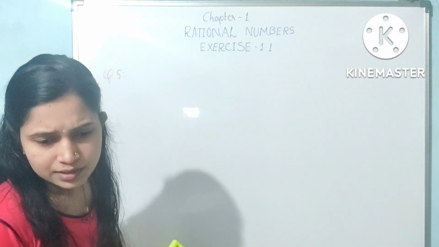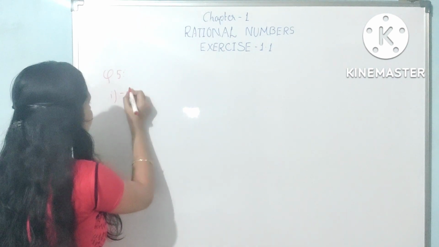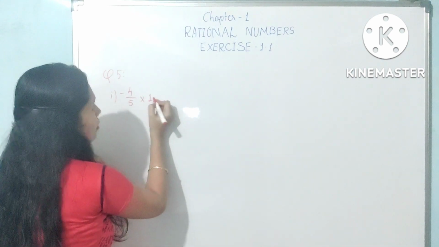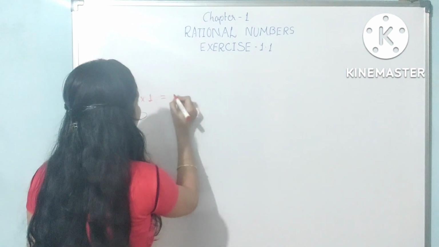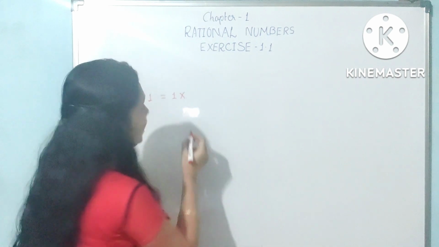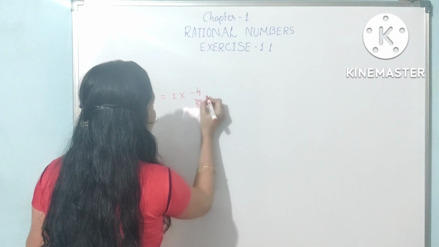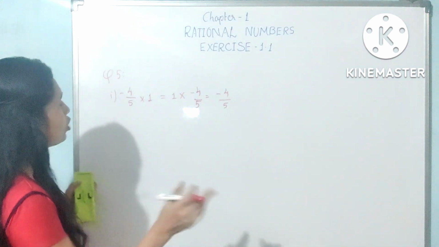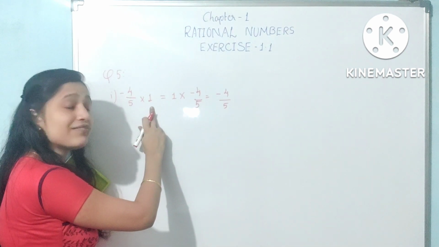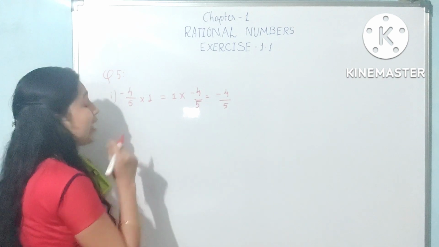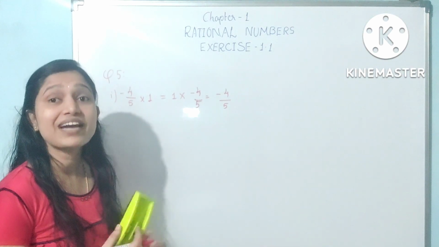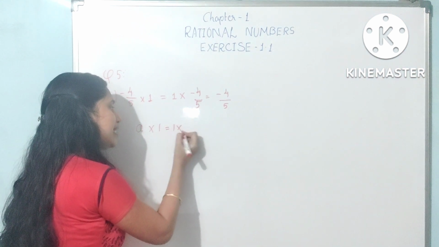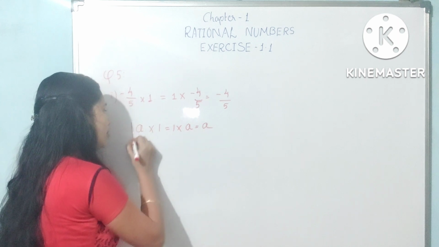The first one is minus 4 by 5 into 1 is equal to 1 into minus 4 by 5 is equal to minus 4 by 5. If you see here, whatever multiplicative inverse tells, if we multiply any number with 1 or 1 with any number, we are going to get the same number, right?